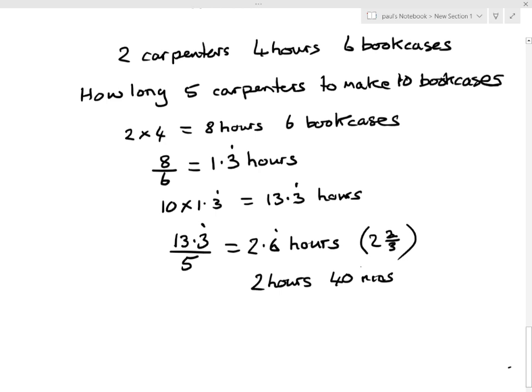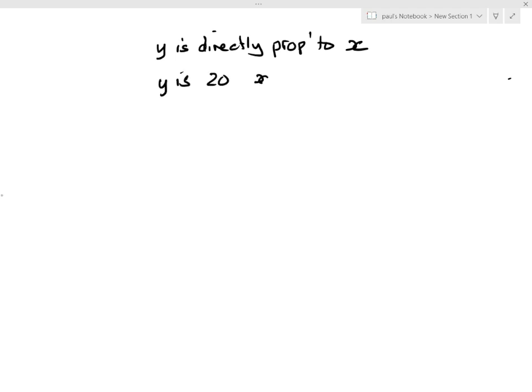Now let's have a look at what we've got next. We move up to the level 6 or 7 questions, and they're not so wordy, but they always follow the same format. Y is directly proportional to X. Y is 20, X is 5.